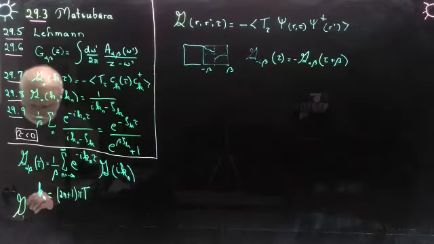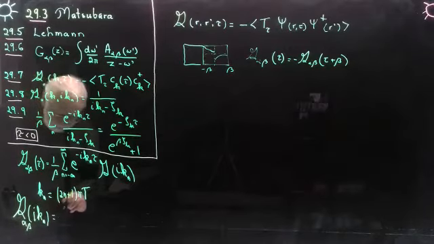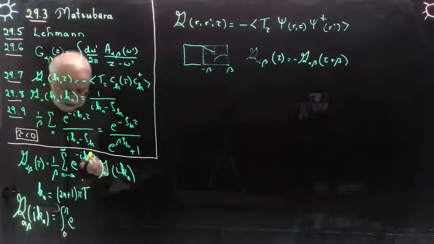So now if I want to know G alpha beta of i k_n, then it is equal to the integral from 0 to beta of e to the, let's see, did I make a mistake here? Sum over m.